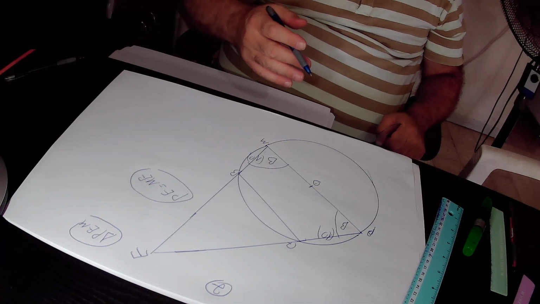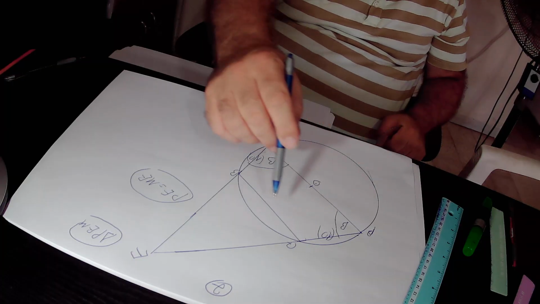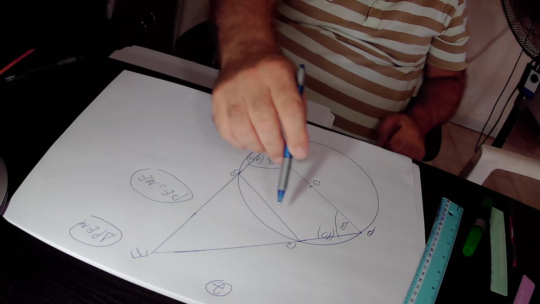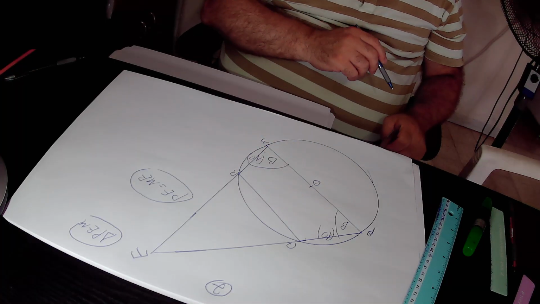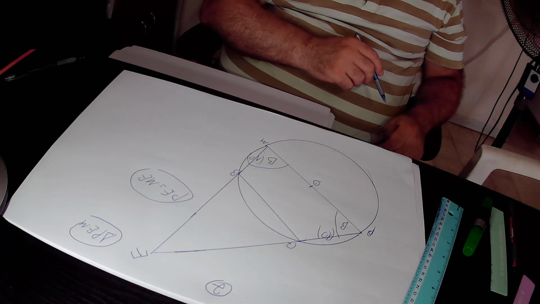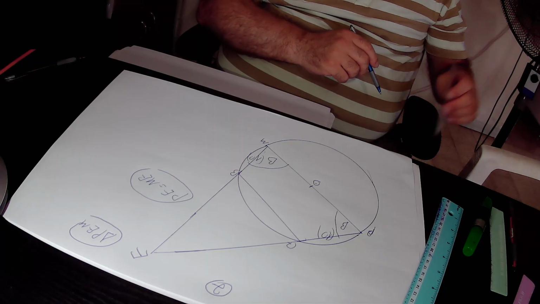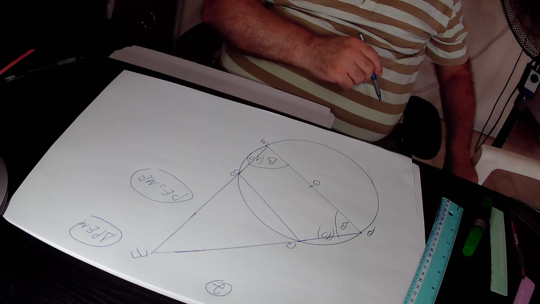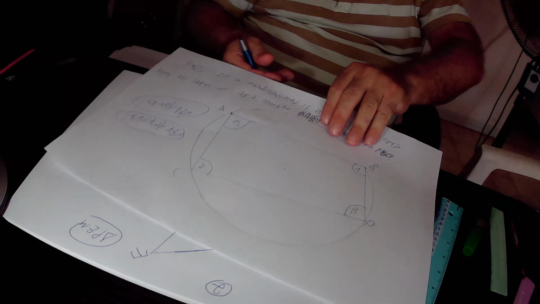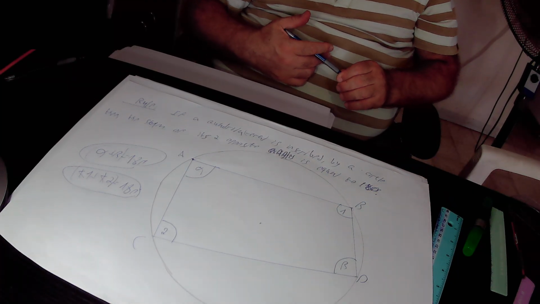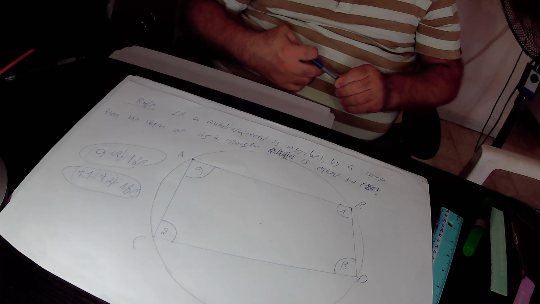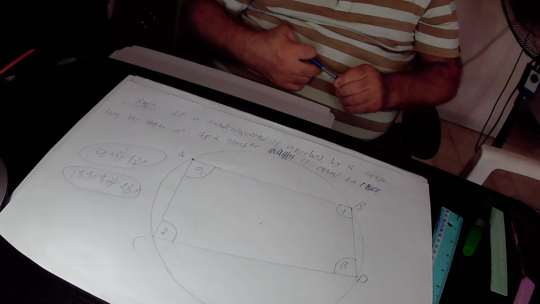So in the drawing we have quadrilateral PQBM. This is quadrilateral PQBM that is described by this circle. And we have the rule that says that if a quadrilateral is inscribed by a circle, then the sum of its two opposite angles is equal to 180 degrees.